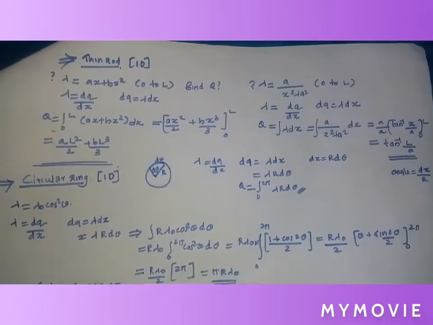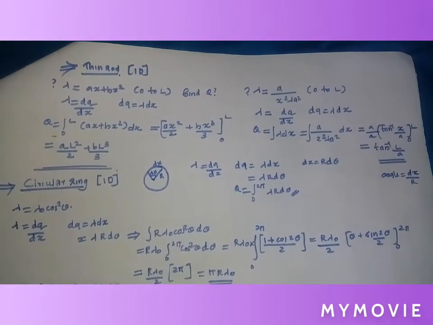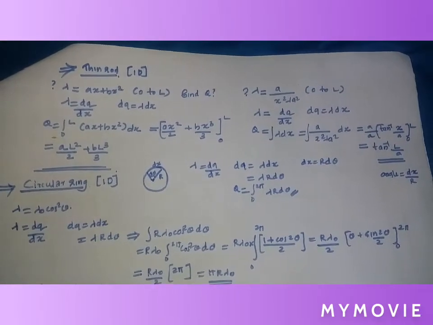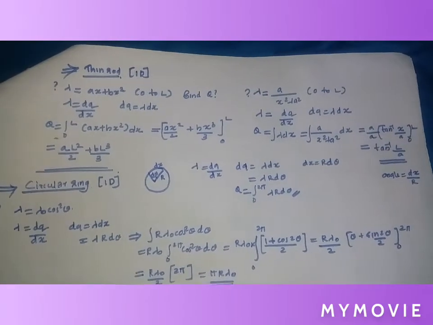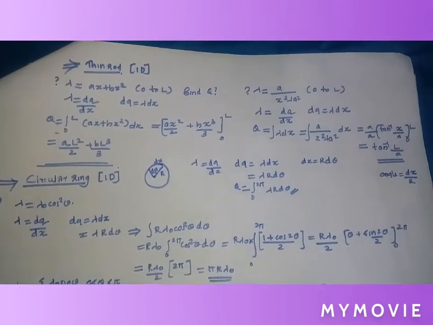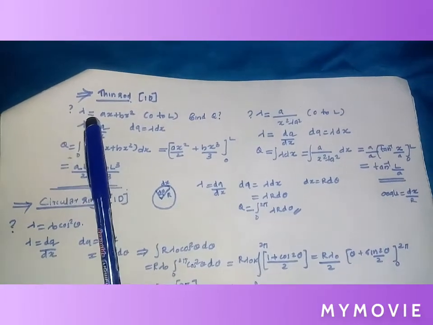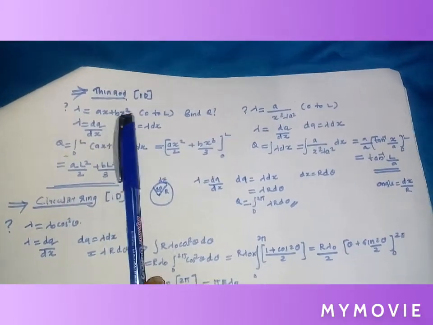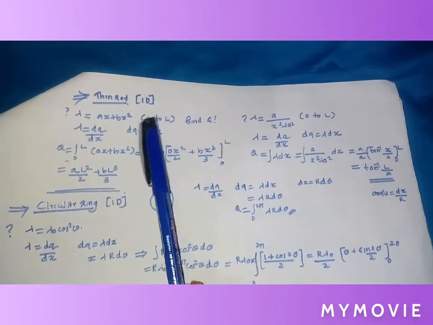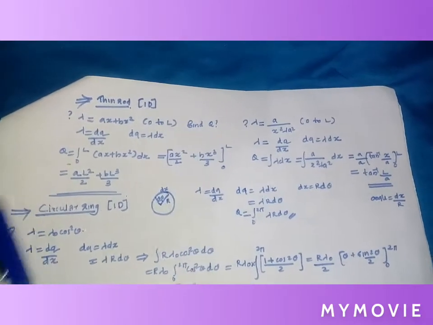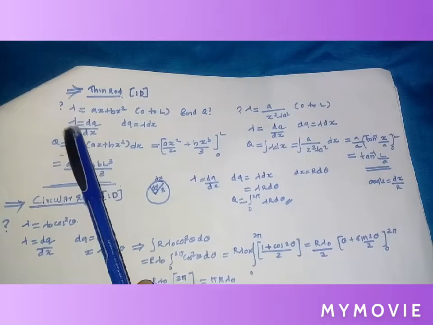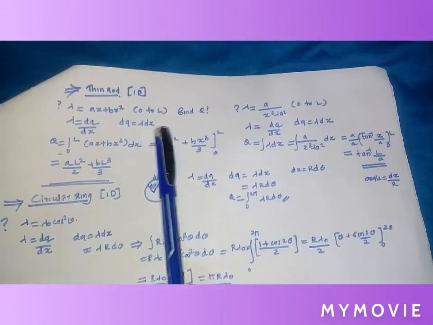In one dimension we have thin rod and circular ring. First thin rod, where lambda is equal to ax plus bx square from 0 to L. We have to find the total charge. We know the equation lambda is equal to dq by dx, dq is equal to lambda dx.